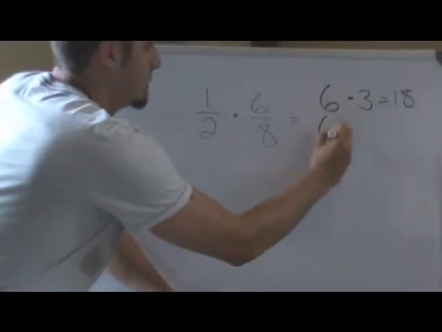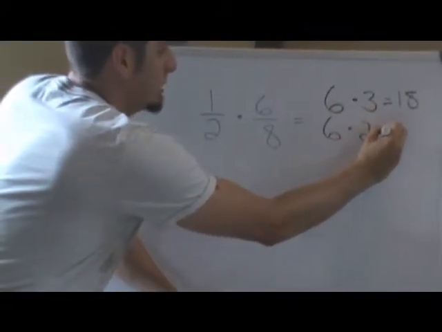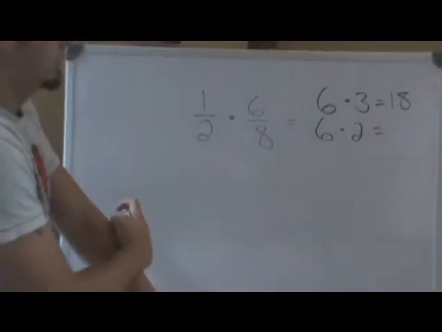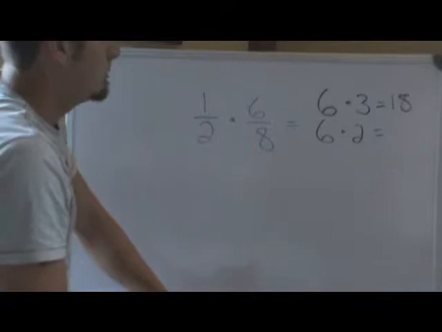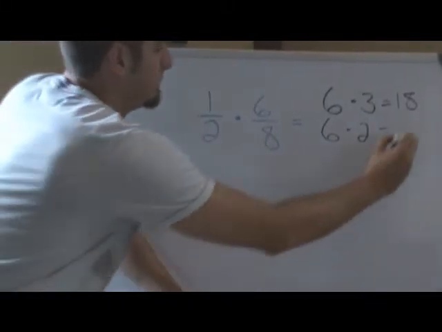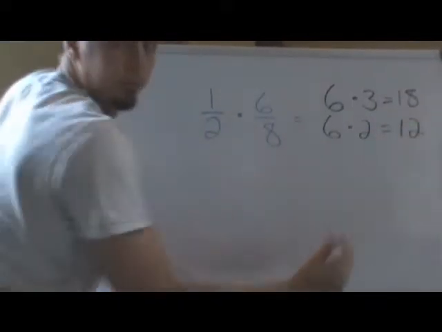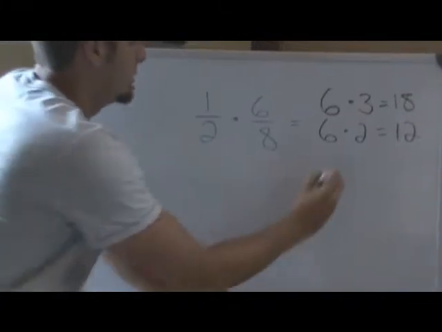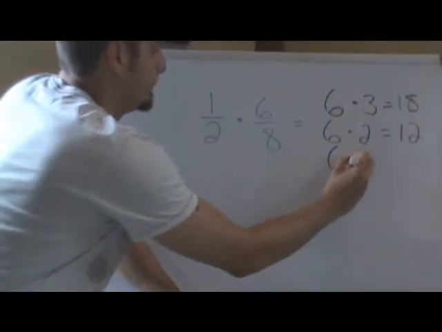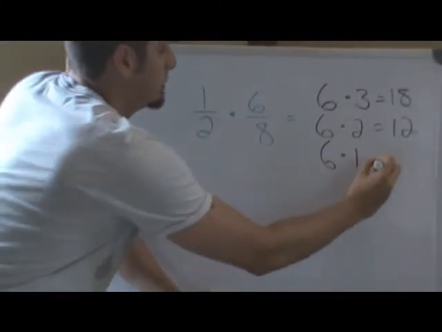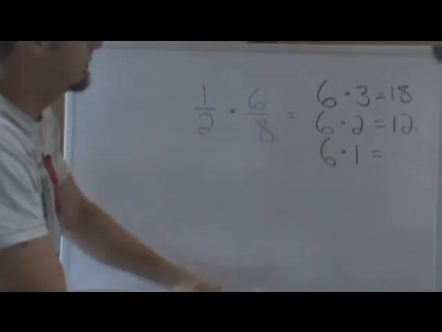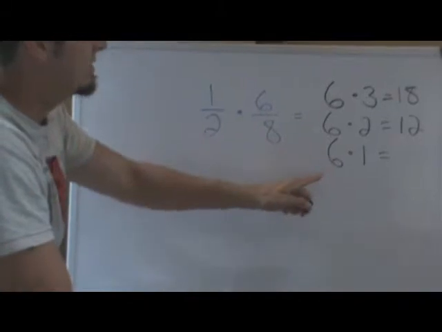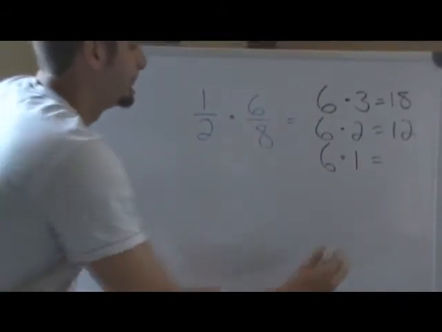If you do 6 times 2, logic tells us that we should get a smaller answer, and the multiplication tells us that we should be adding 6 2 times, and so we get 12. Now, if I do 6 times 1, again, my answer is going to get smaller because I'm multiplying 6 by a smaller number, and this is telling me to add 6 one time.